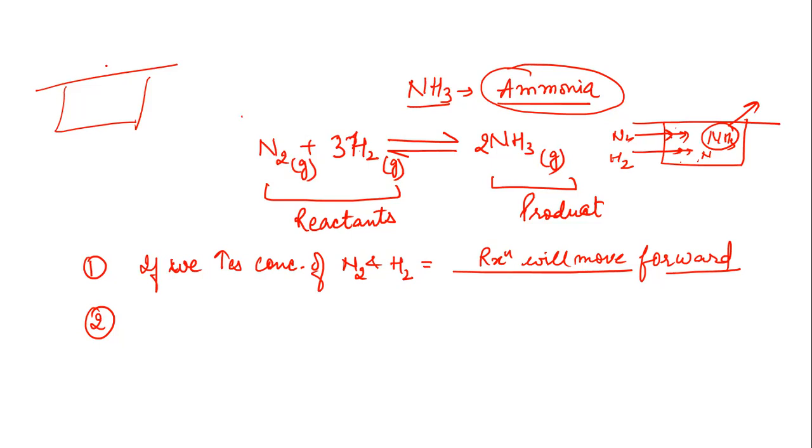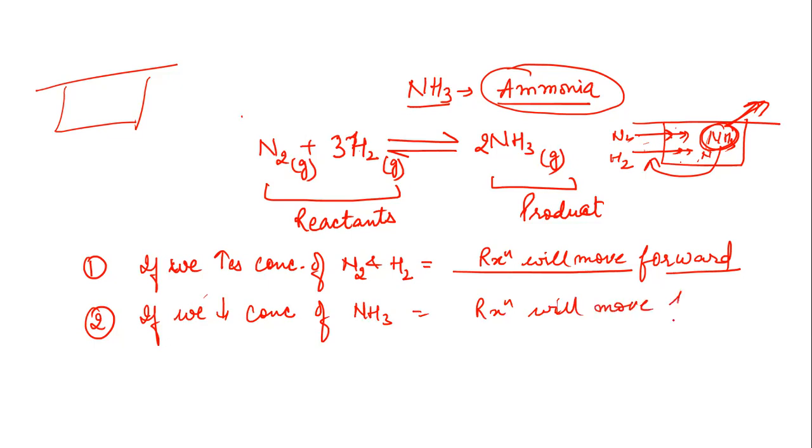Now in this case, our main motive is the production of ammonia. As soon as ammonia is produced, I am removing it so that it will not disintegrate and again give you N2 and H2. Now, removing ammonia means a decrease in the concentration of NH3, so again the reaction will be forward. Is that clear?